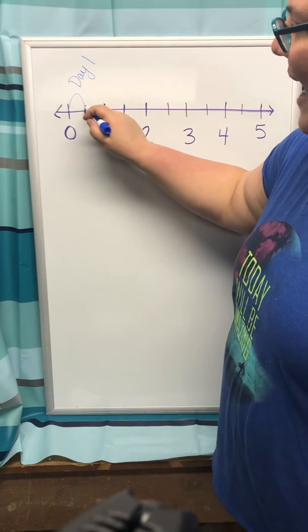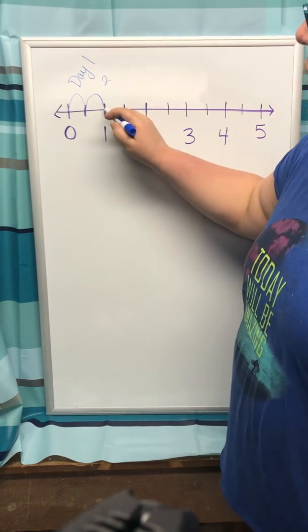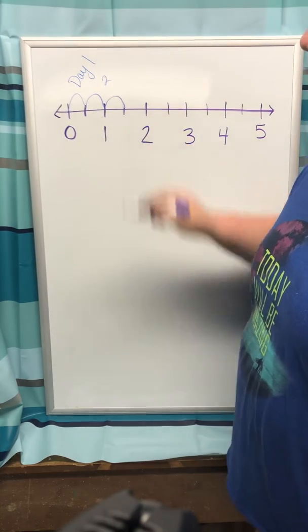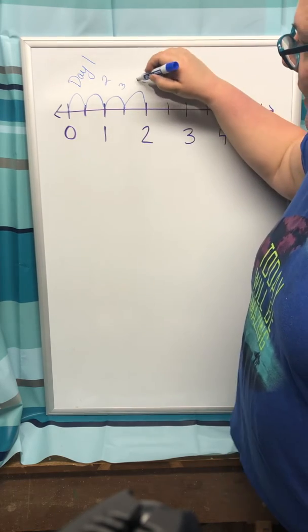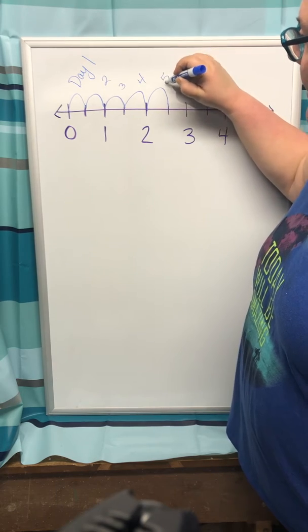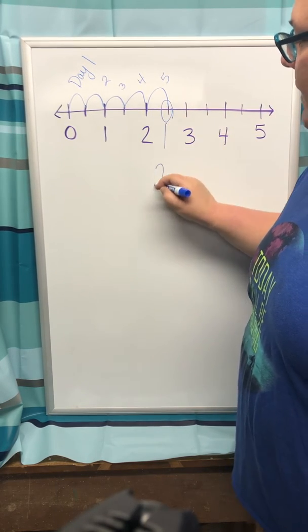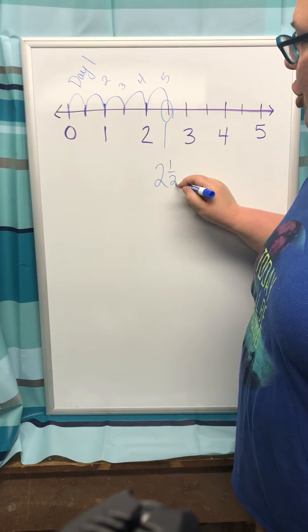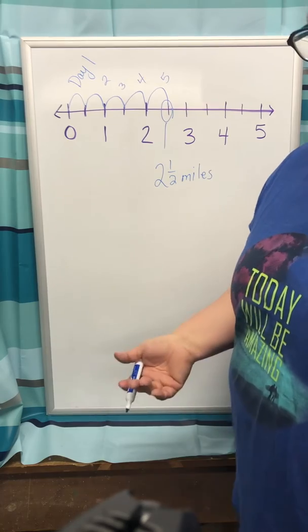If we go from the half to the 1, that's day 2. The 1 to the 1.5 is day 3. The 1.5 to 2 is day 4. And the 2 to the 2.5 is day 5. So our answer to this problem is Sasha has gone 2.5 miles in her 5 days.